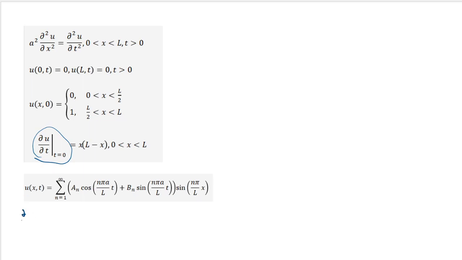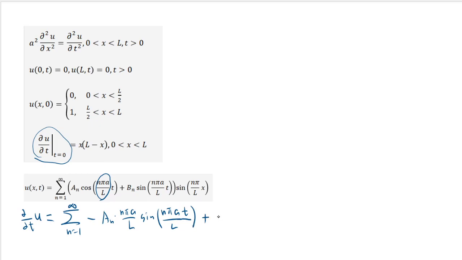So if I differentiate this by t, you end up with cosine differentiates to negative sine, and by the chain rule this comes in front, so you get an times n pi a over L sine n pi a over L t. I'll just put t upstairs, it's the same thing, okay?